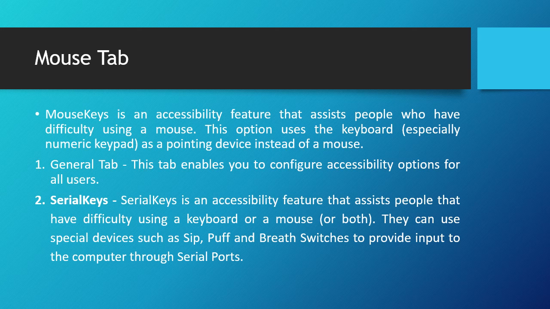Serial keys. Serial keys is an accessibility feature that assists people who have difficulty using a keyboard or a mouse or both. They can use special devices such as sip, puff, and reed switches to provide input to the computer through serial ports.